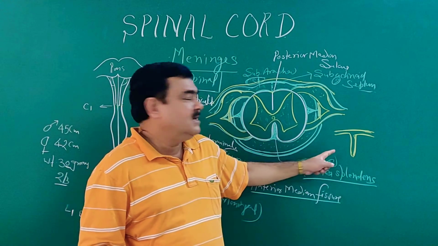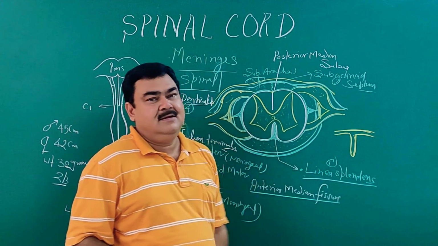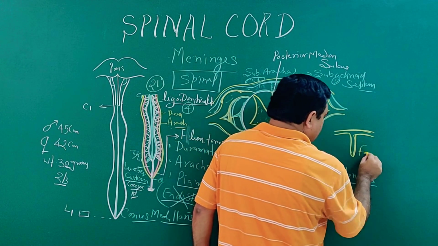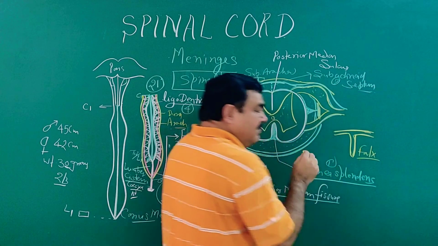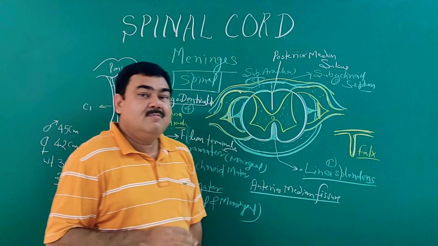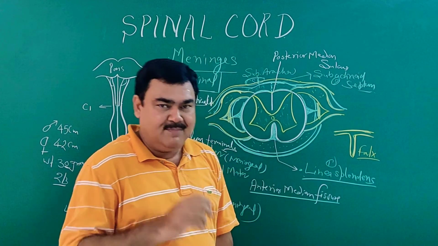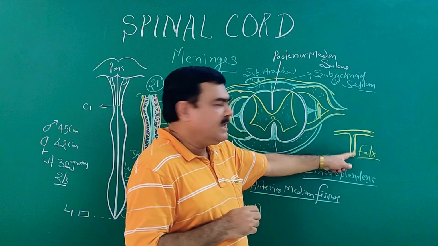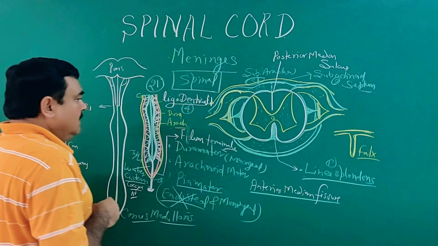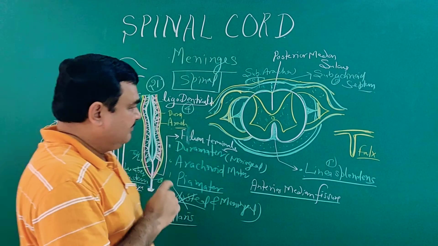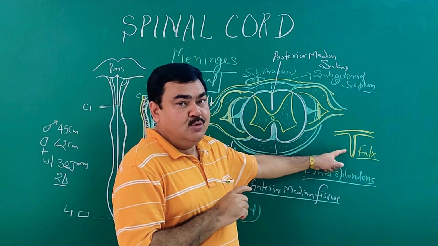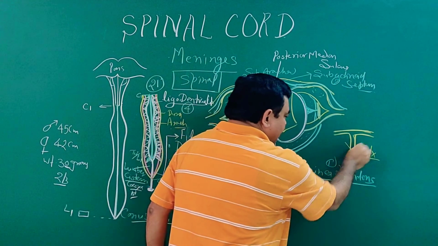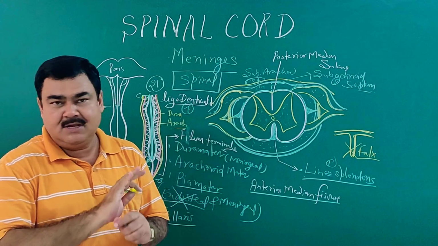These folds are known as falx, like falx cerebri, falx cerebelli, and tentorium cerebelli, according to position. We will discuss later. In spinal dura these folds of the meningeal layer are not present.